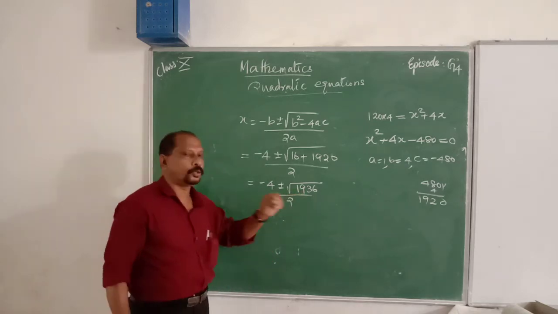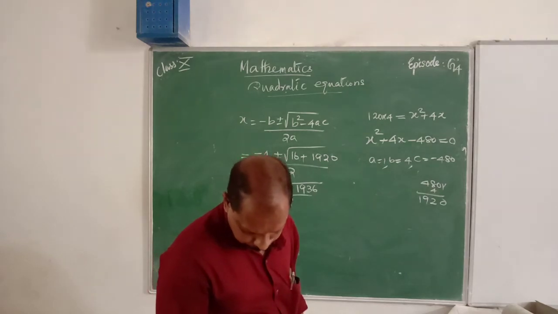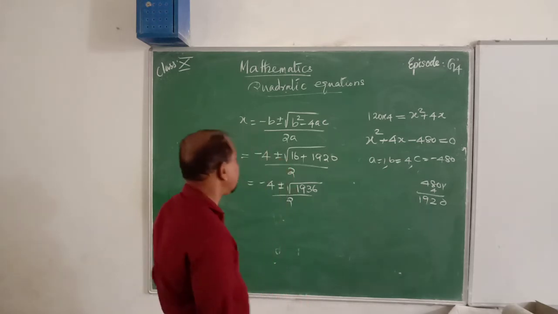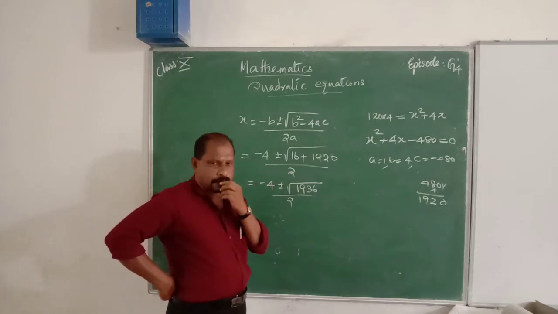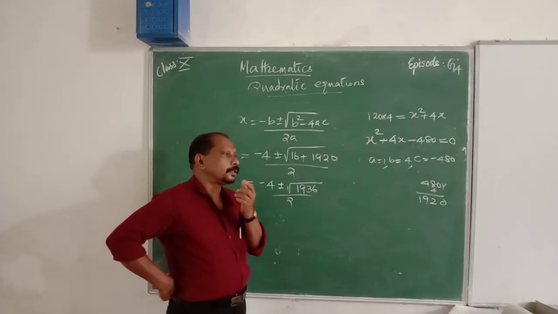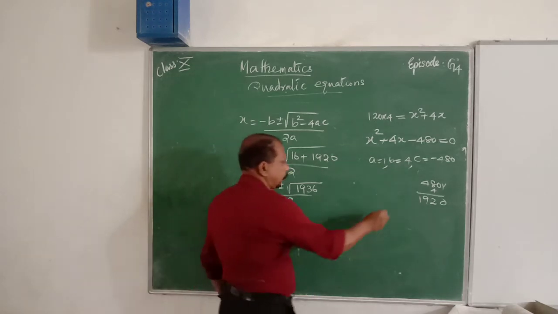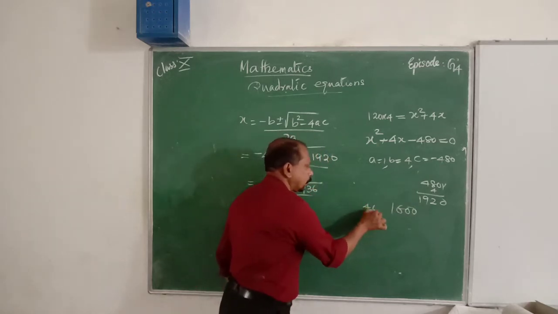To find out the root of 1936. Listen, what is 4 square? It is 16. Therefore, 40 square is what? 1600. That is 40 square.